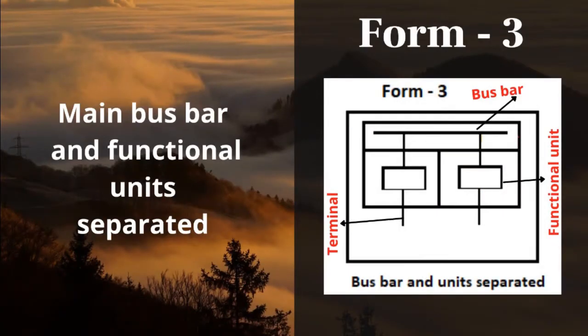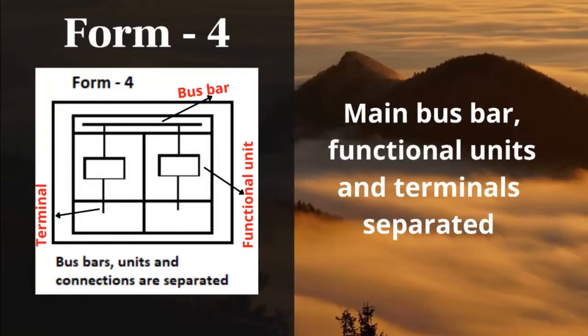Form 3: main bus bars and functional units separated from each other. Form 4: bus bars, functional units, and bus bar terminals separated from each other.